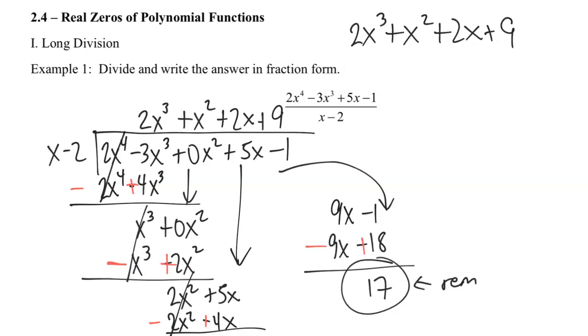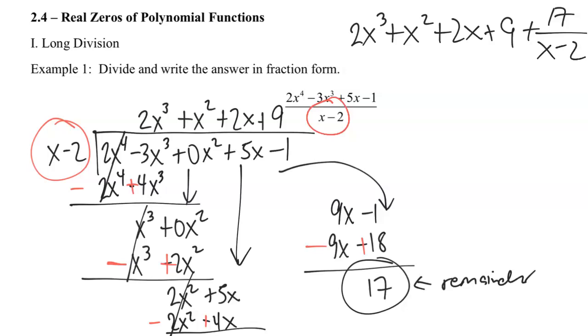This is called the remainder. And so I'm going to add the remainder, and then I'm going to divide by what I divided by. And what I divided by was x minus 2, and you can see that right here also. And so the denominator of that 17 is going to be x minus 2. And so here's my answer using long division.